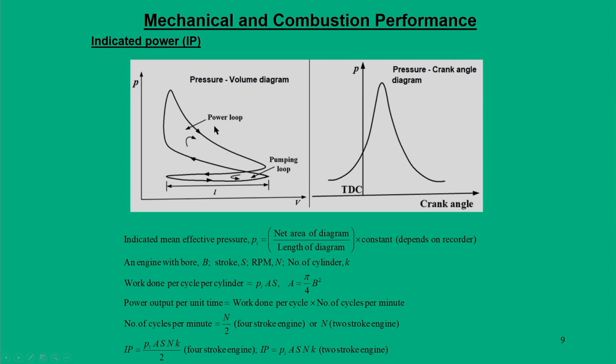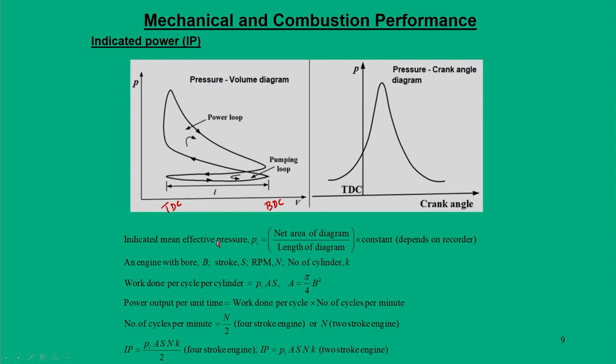That means, from the power loop, if you subtract the area of the pumping loop, then you will get the net area, and length of the diagram is nothing but the piston motion from TDC to BDC, and that is known as L, into a constant. This is a typical constant which represents a parameter that depends on the recorder.